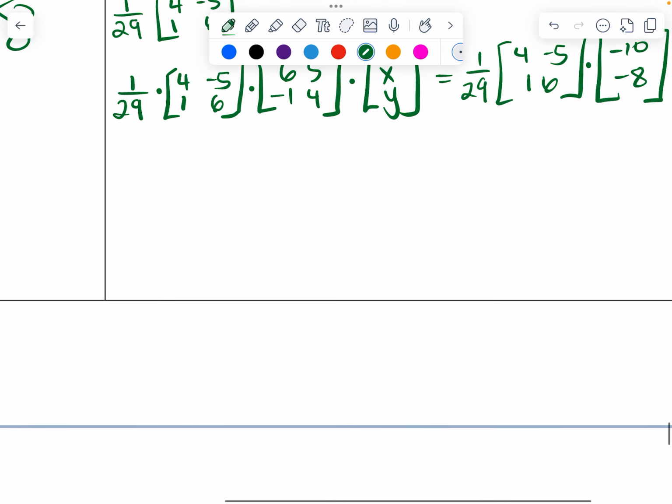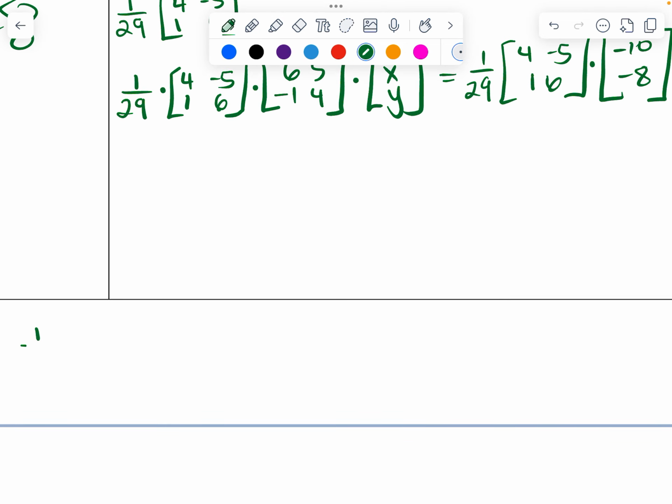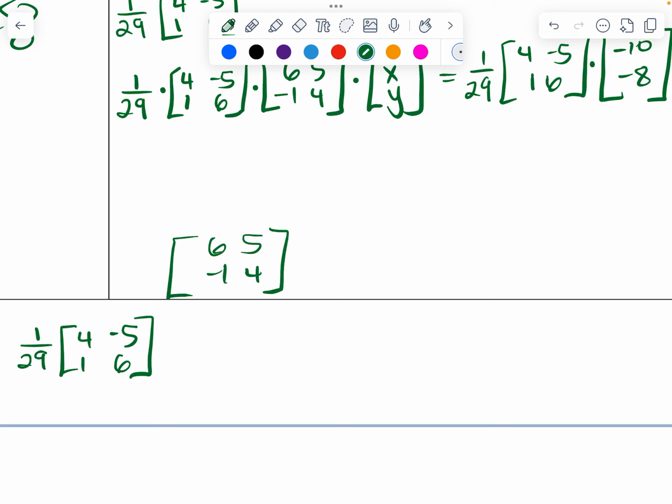Okay, so I'm going to do some work down here. 1 over 29, 4, negative 5, 1, 6, and this is 6, 5, negative 1, 4. Okay, and I have to multiply this by 1 over 29. So that's going to get me 24 plus 5, so that's 29. And then I'm going to get 20 minus 20, so that's 0.